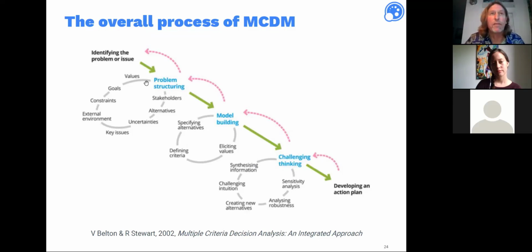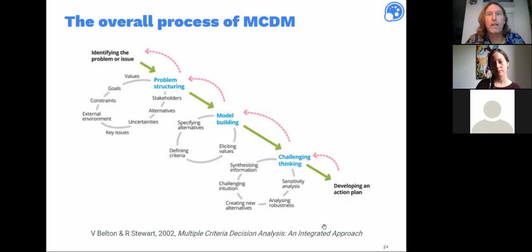It can take a fair amount of time. The model building side of things is where a tool like 1,000 Minds and those other tools comes in. We're going to specify alternatives, criteria, just like I talked about in my example. We're going to elicit the values or the weights from people using the various methods. That might drive us back to think about the problem again, and we're going to move forward and ultimately arrive at a decision.